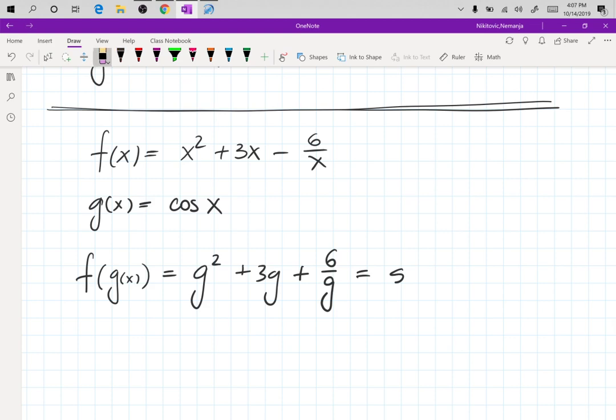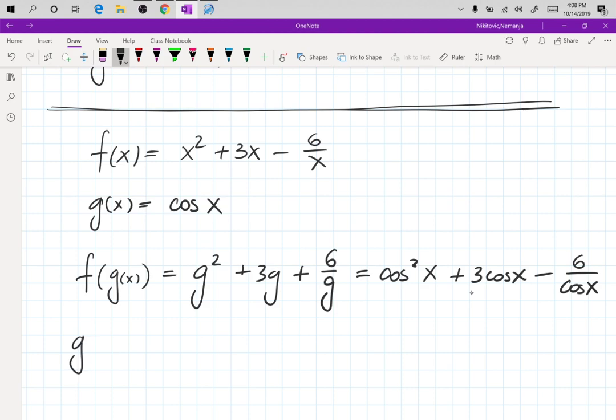Which is cosine squared x plus 3 cosine x minus 6 over cosine x. So we see that every x of f is replaced with g, and we have what that g function is.